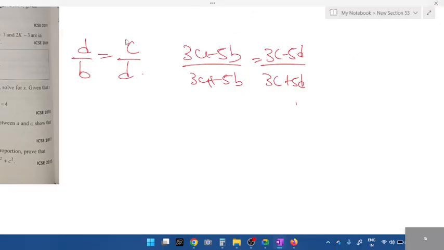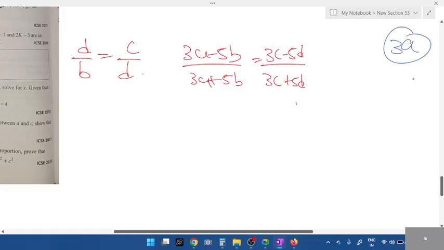How do you prove this? Along with A, what is multiplied? What do we have along with A? 3. And along with B, we have 5. Where are A and B given? Is it on the left hand side or right hand side?